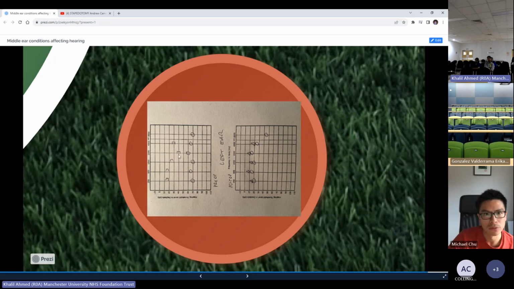So you seem to be deafer, especially at 2 kilohertz, where the resonant frequency is.